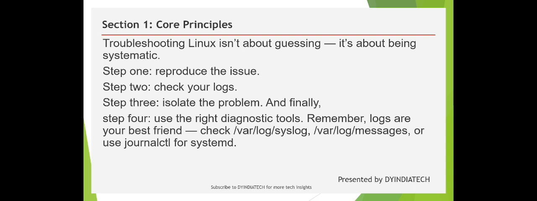So here is section 1, core principles. Troubleshooting Linux isn't about guessing, it's about being systematic. So in Linux systems, we cannot guess any issues. We have to follow a systematic process.